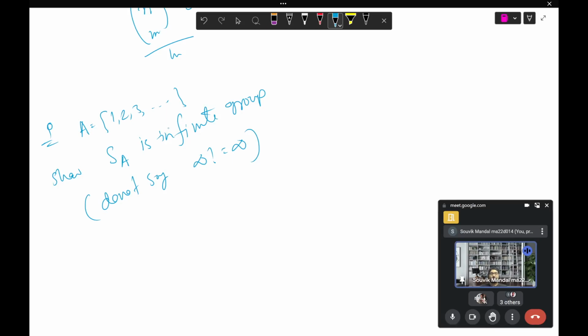That's the only thing you need to do. It's easy. Just think about how to get an infinite number of elements only. That's all.